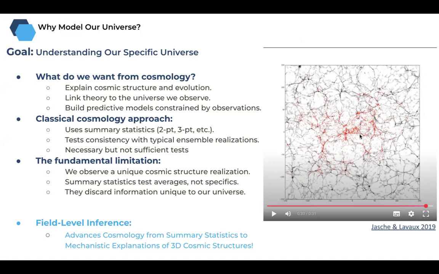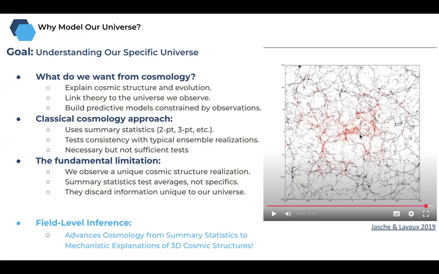Throughout this presentation, I will show you that by accounting for the specific realization of our universe, we are enabling, first of all, using more of the information in the data, and also we are able to have more detailed tests of cosmology. The approach that we are developing and pushing forward is called the field-level inference approach.